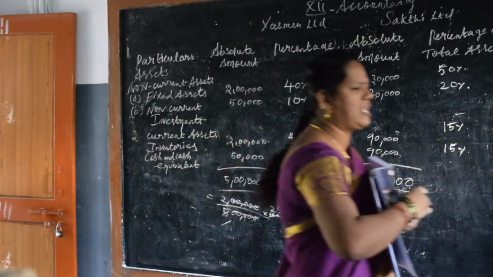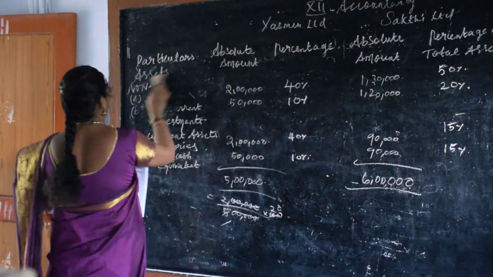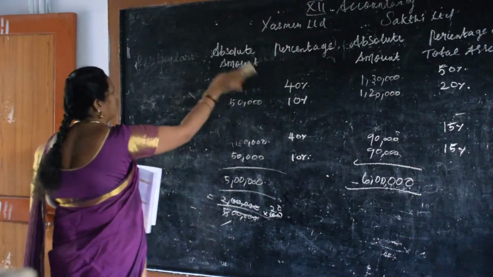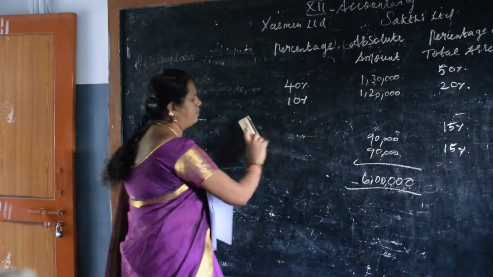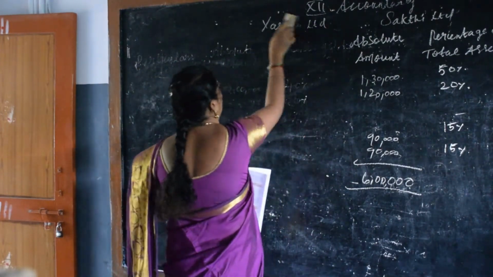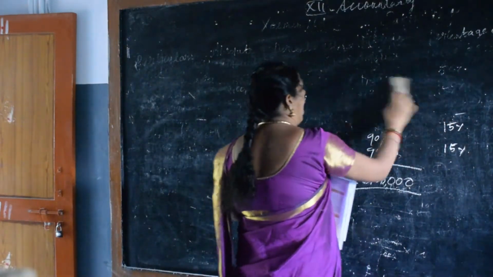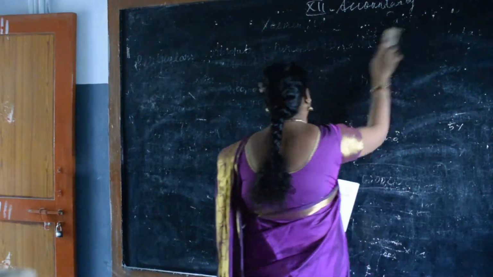The next part of the sum is trend percentage. With this model, you can work out all the sums. I worked out the exercise sum, problem number 1. If you have any doubts, you can just have an overlook on the illustration sums. It's the same ditto only.